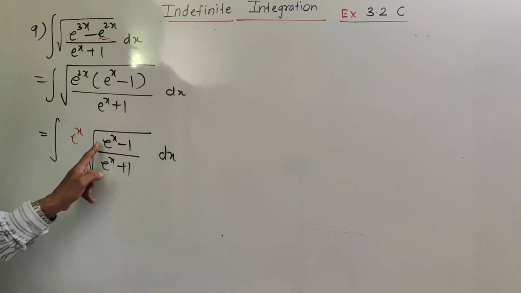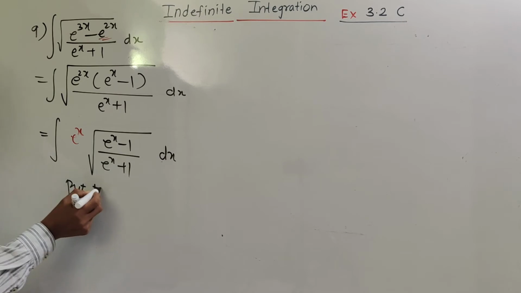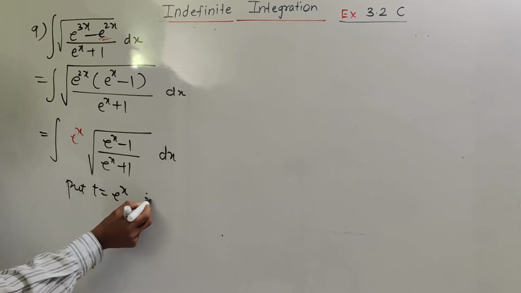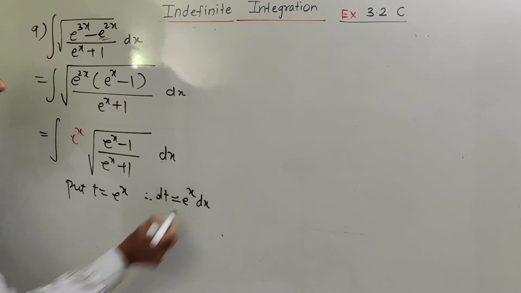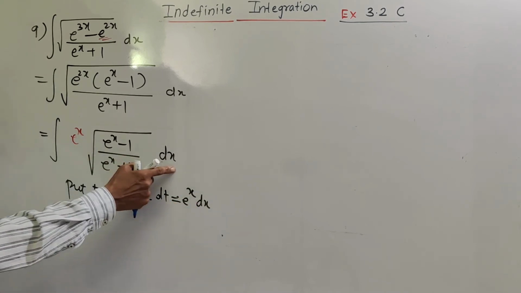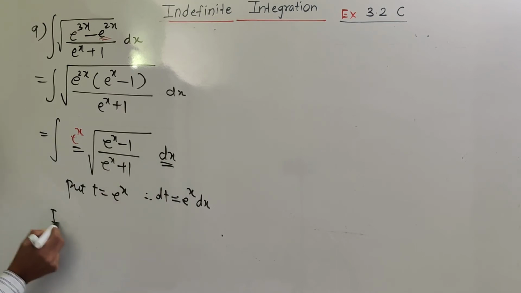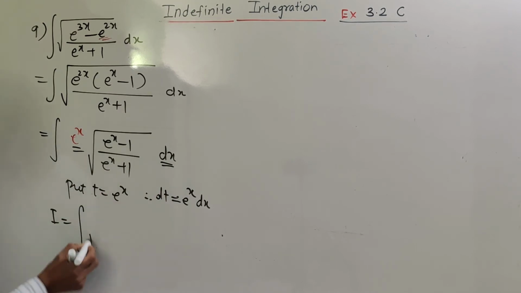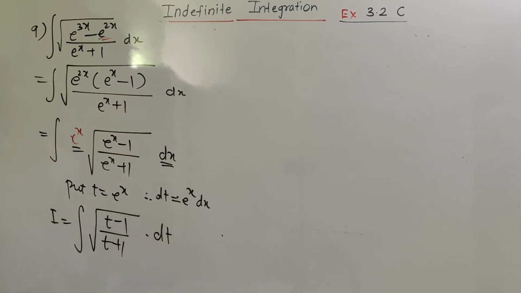It is the derivative of e raised to power x, so we put t is equal to e raised to power x. So dt is equal to e raised to power x dx. So I is equal to integral root of (t minus 1) upon (t plus 1) dt.